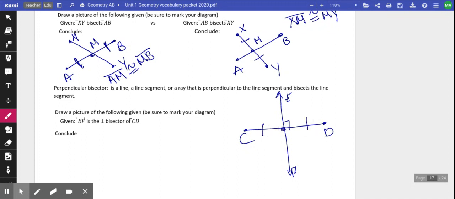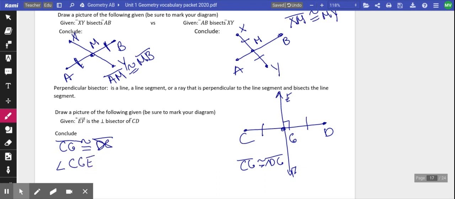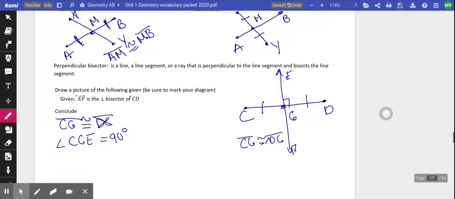So if I call this G, CG is congruent to DG, and the angle CGE equals 90 degrees. And in fact, there's 4 right angles there.